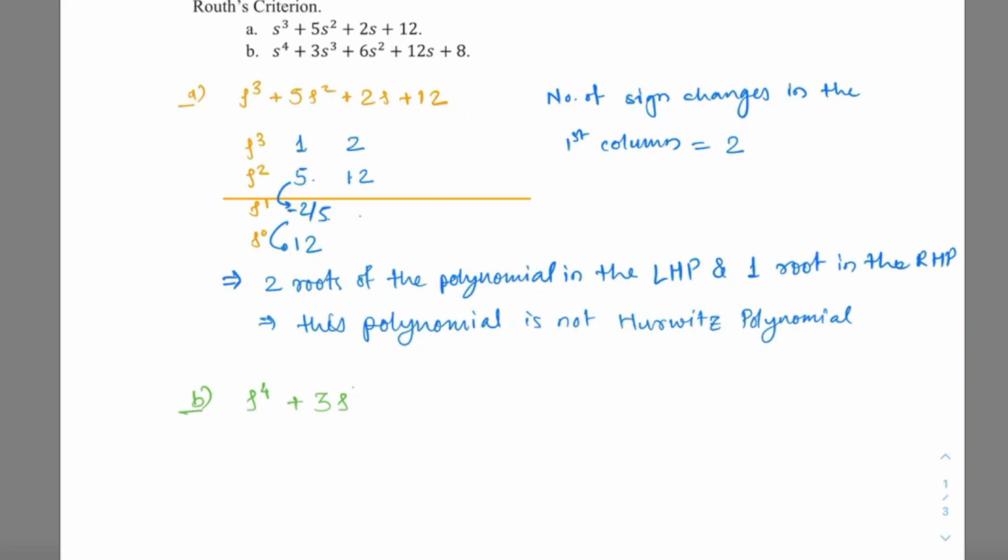So here the first term is 3 into 6 minus 12 into 1 over 3.